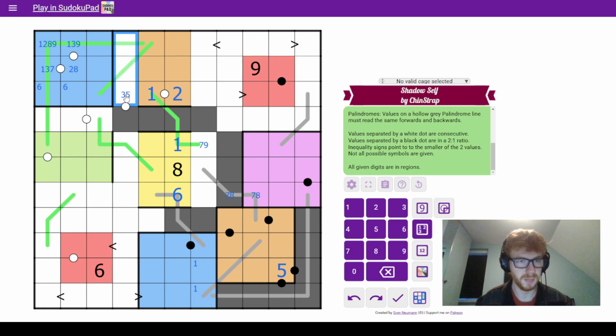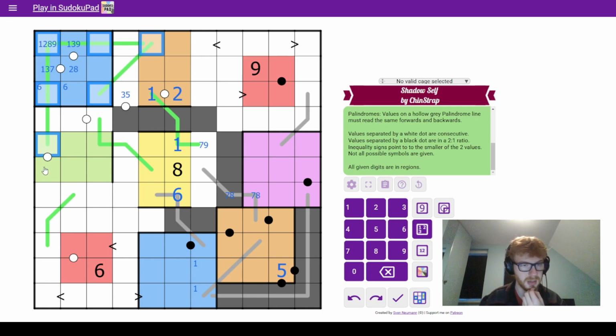I feel like all of these having to be out must cause a problem, because then these are all high. Like I said, this is high, but that could be a 5 and then that'd be a 6. That would be fine, I guess. No, no, no, that wouldn't be fine.